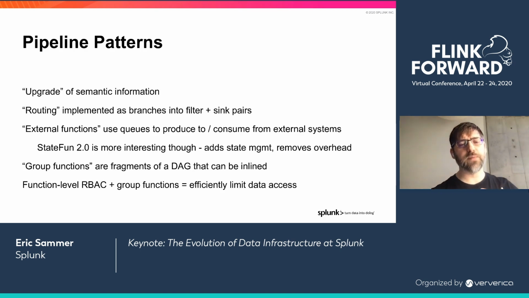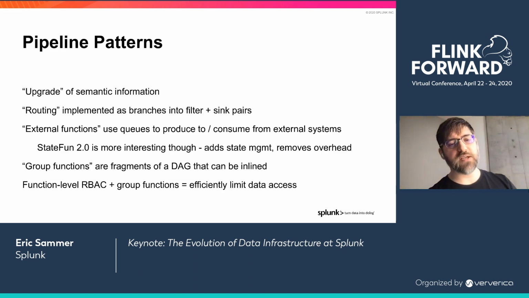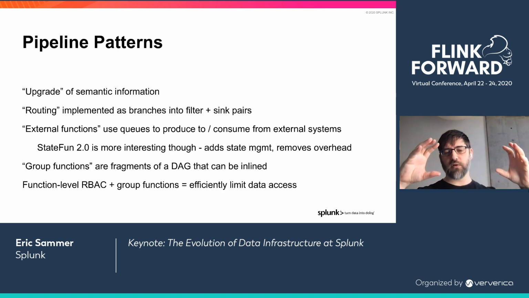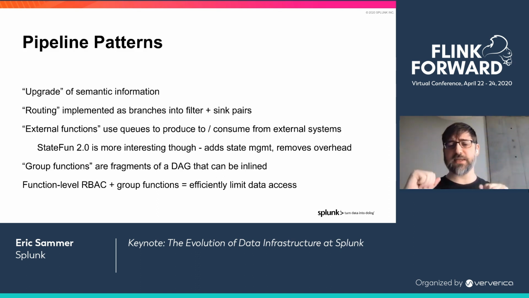We have this notion of group functions, which are really just fragments of the directed acyclic graph that we build that can be inlined in the pipeline in various ways. Like I said, if you have the Firehose plus a filter, this creates what looks like a curated stream of just a specific data type.